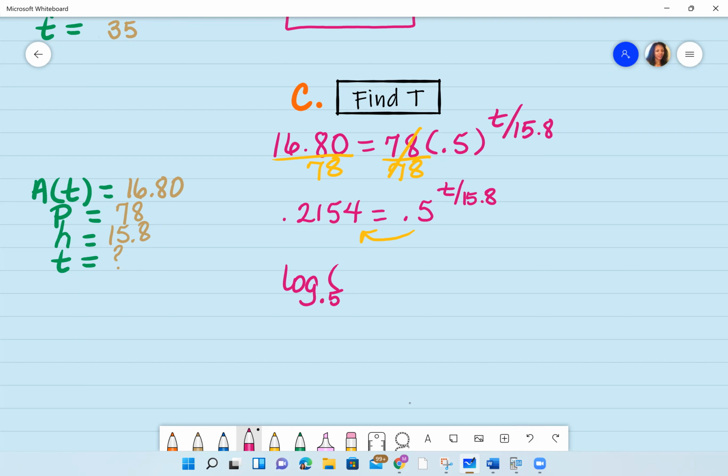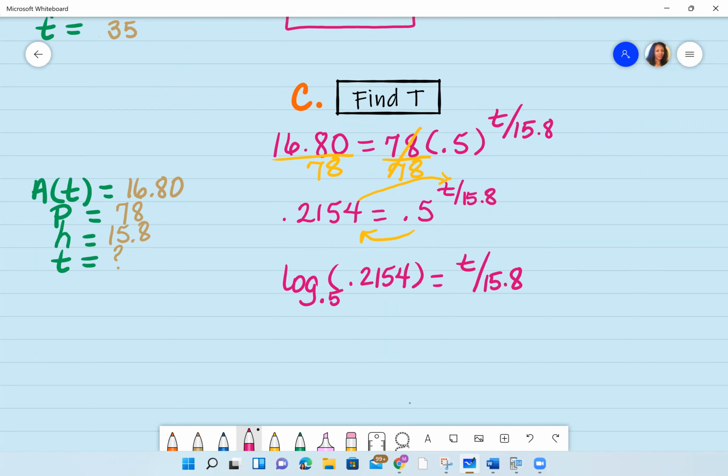My value is going to be on the opposite side of the equal sign. So it's 0.2154. Make it a habit of putting it in parentheses. And then you want to go back across the equal sign to your exponent and set everything equal to that exponent, which is T over 15.8.